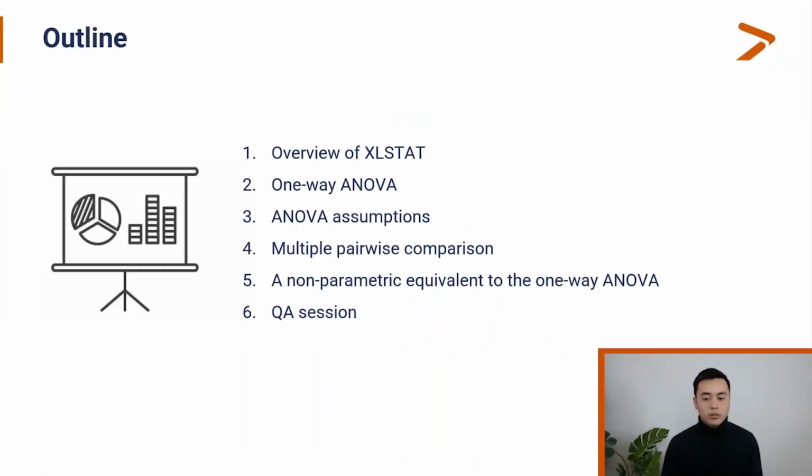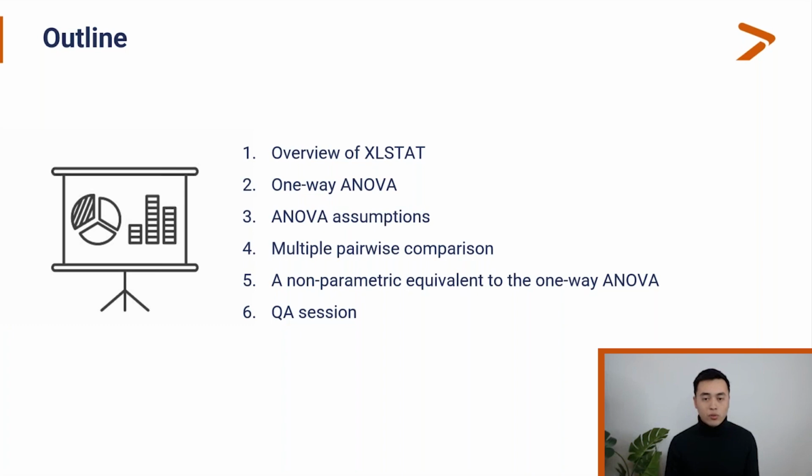So here's the outline of today's webinar. We'll be talking about XLSTAT and giving you a quick overview of it. Then we'll talk about the one-way ANOVA, which is the basic ANOVA. Then we'll talk about the ANOVA assumptions.